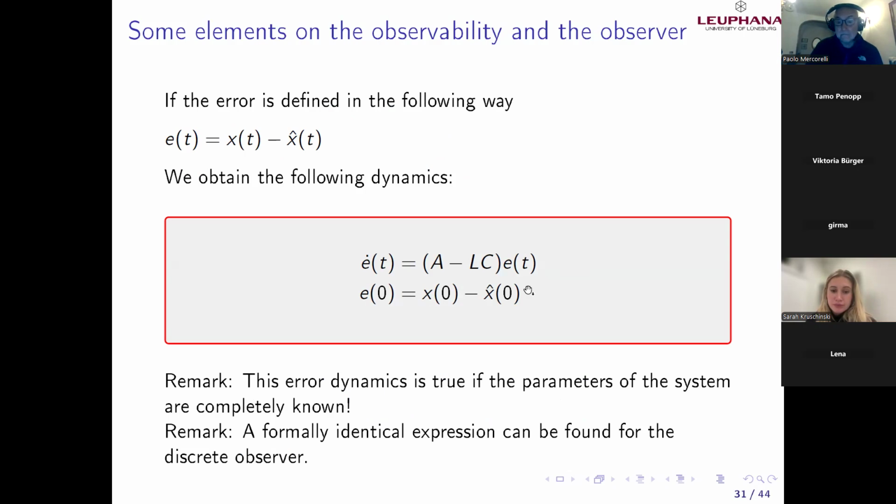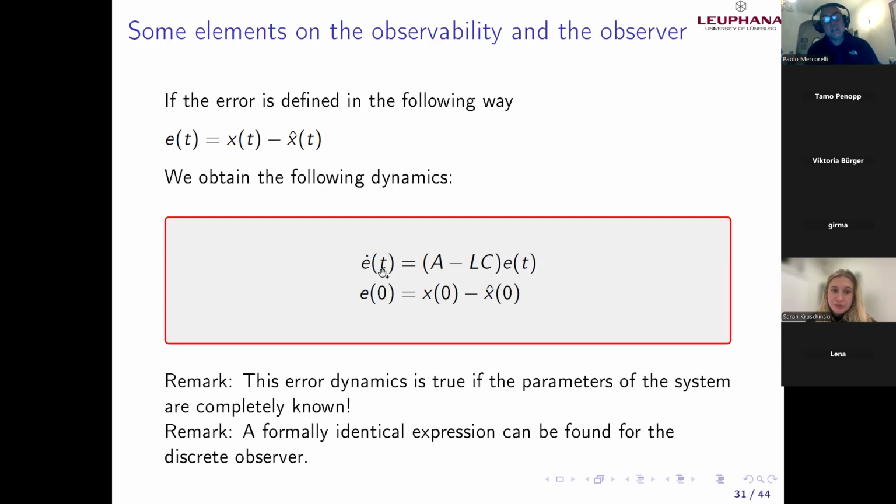We can see here e of 0 equals x of 0 minus x hat of 0. We have a difference in between. I assume this in order to show you the concept of the observer. But please pay attention, if you remember in math, at least for engineers. For non-engineers, I will try to explain.